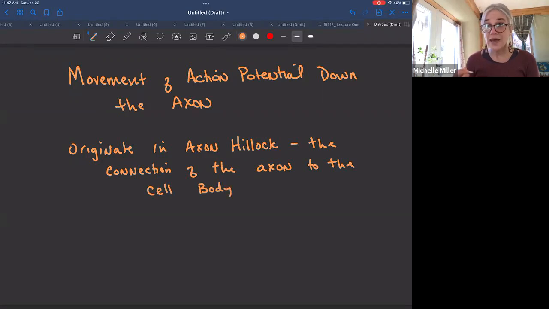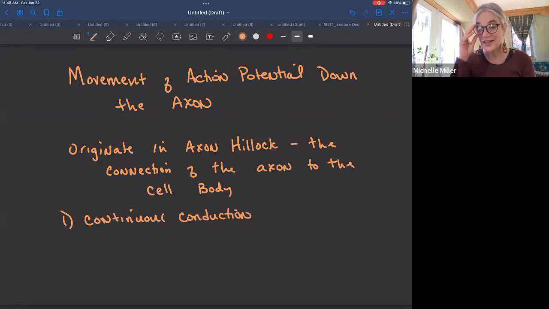Now we have two types of conduction. One is continuous conduction, which is actually quite rare in our bodies. Continuous conduction means that there's no myelination, so this happens in unmyelinated axons.